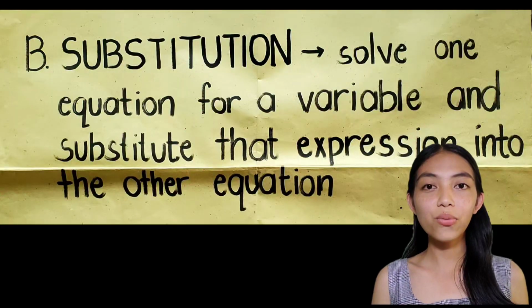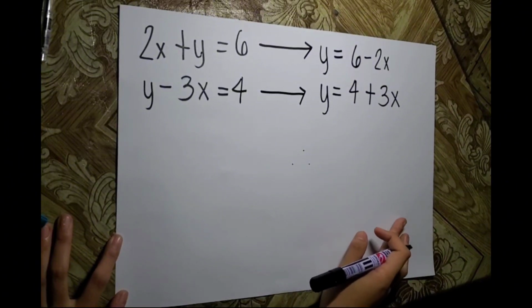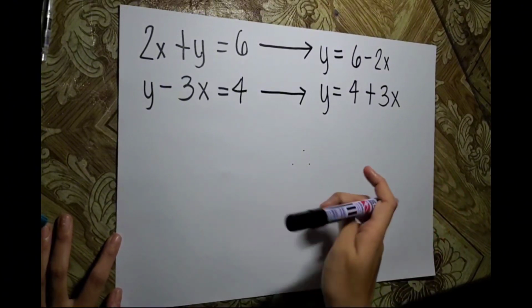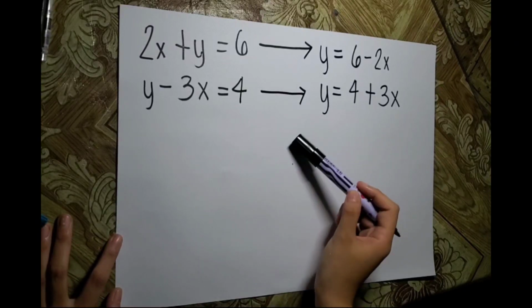Another method is substitution. Here, we solve one equation for a variable and substitute that expression into the other equation. To better understand, let's have an example. Let's just use the same example that we used in the graphical method. The first step is to get the y equals mx plus b form of the first equation.